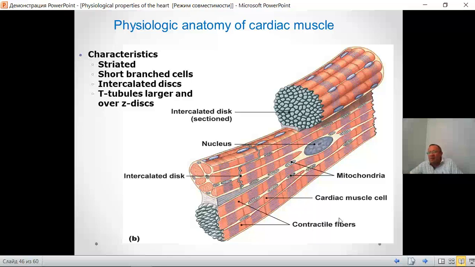Cardiac muscle is a syncytium. The dark areas crossing the cardiac muscle fibers are called intercalated discs. They are actually cell membranes that separate individual cardiac muscle cells from one another.